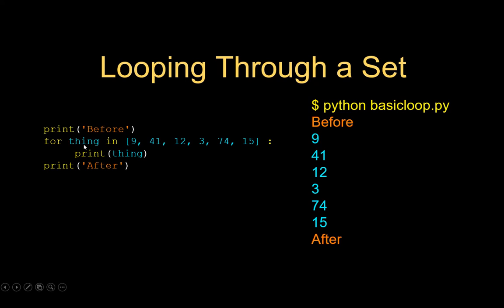So the thing at the beginning is going to be 9, then 41, 12, 3, 74, 15, and we're going to have all of them here. At the beginning we have print before, which will be here. After this, the loop is going to run 6 times. After it reaches the end of the set, it is going to print after. So this is going to be our output in this example.